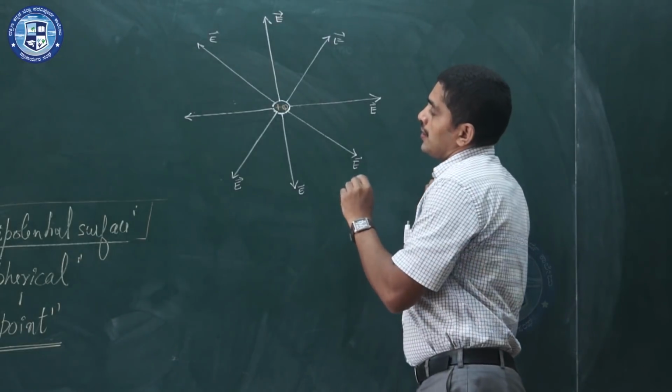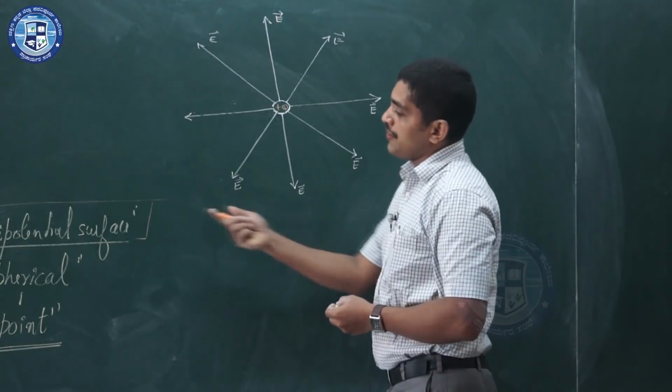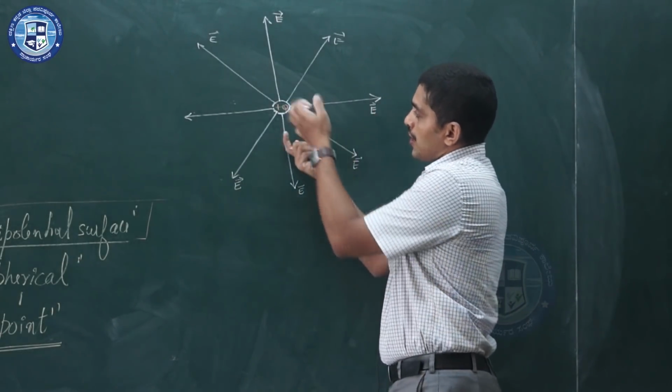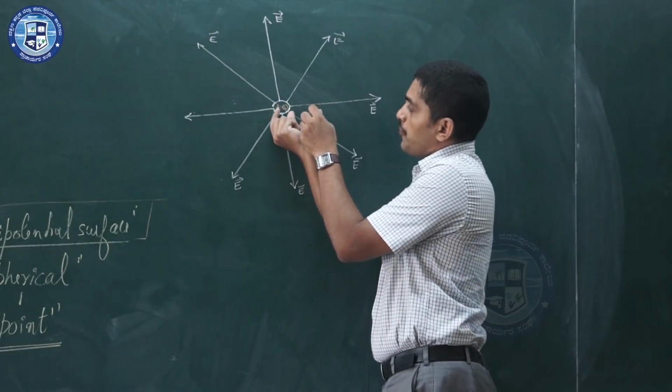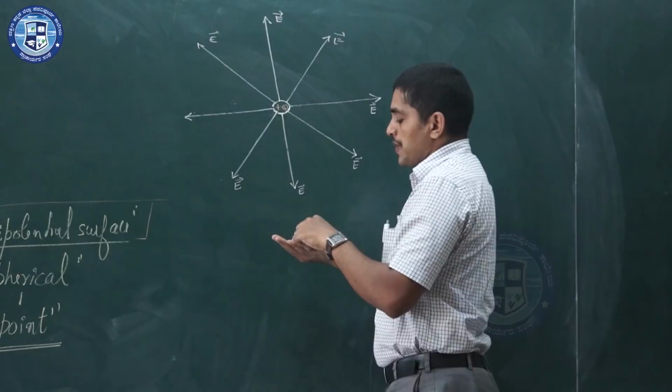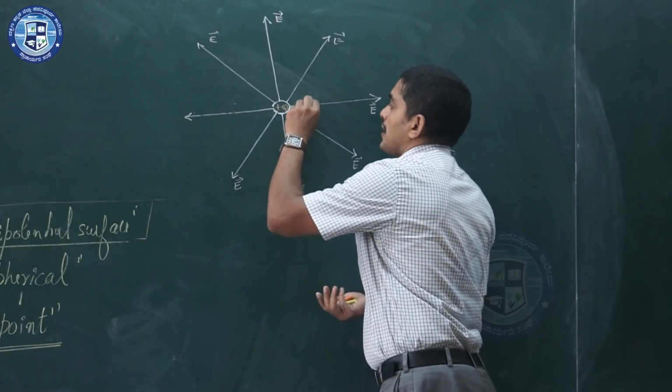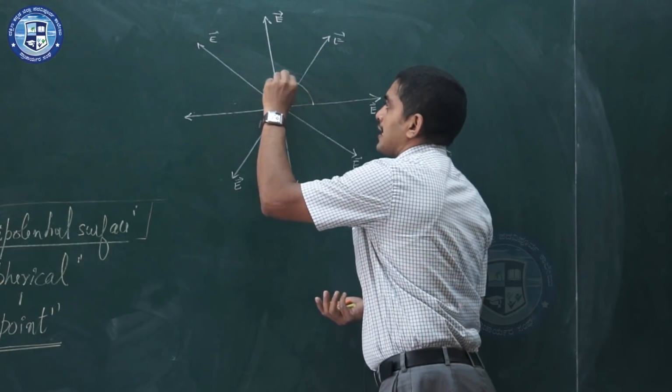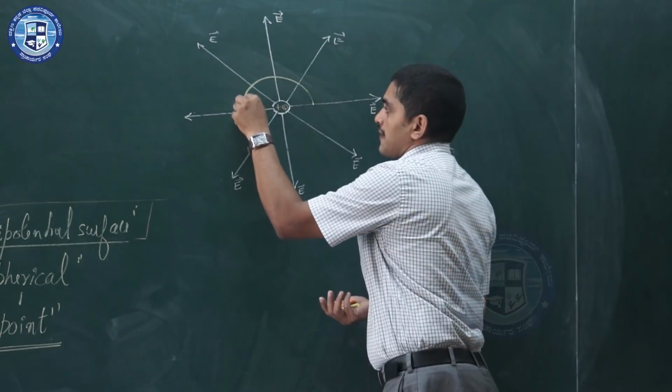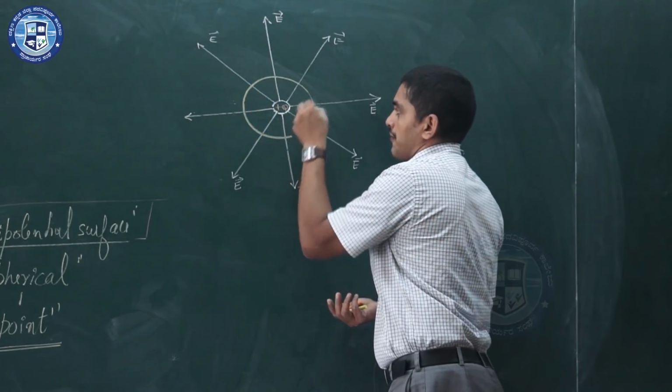Now, what are equipotential surfaces? An equipotential surface is a sphere with the charge at its center. So if I draw, this will be my equipotential surface.